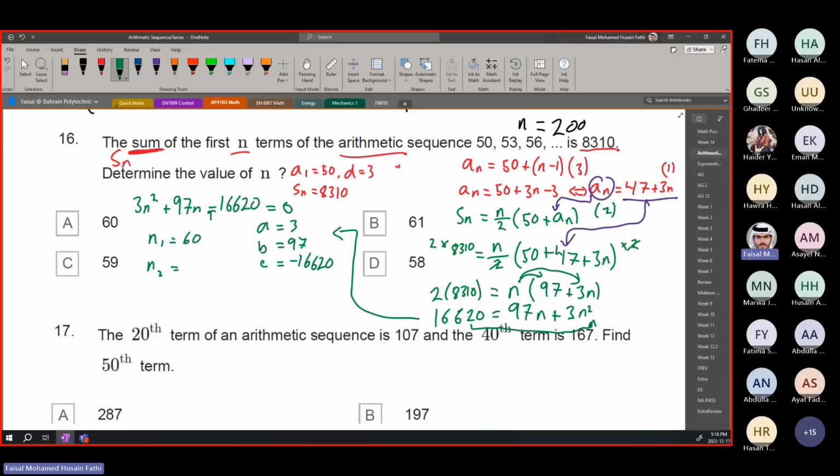N2 is equal to minus 277 over 3. Obviously, n has to always be positive, so this is rejected. Our final answer is 60. Not this, not this, this is our final answer.